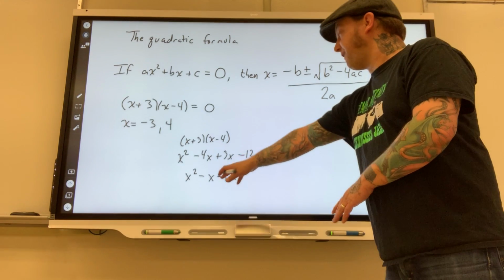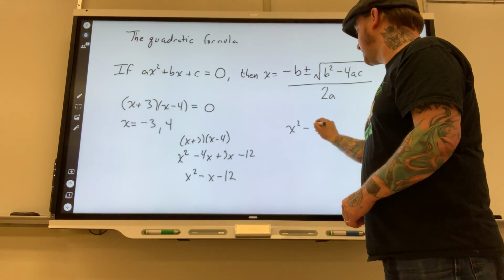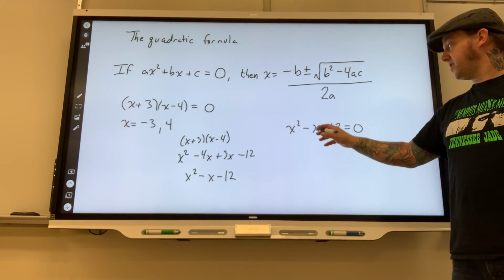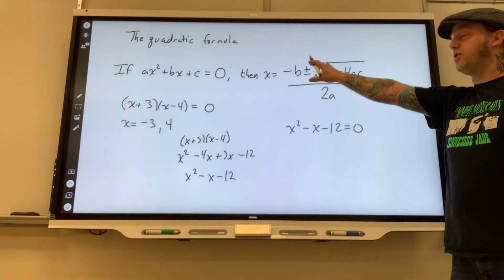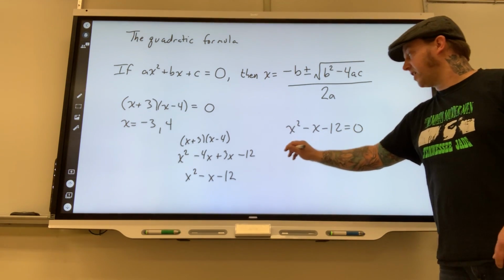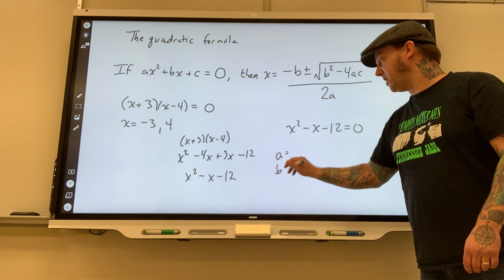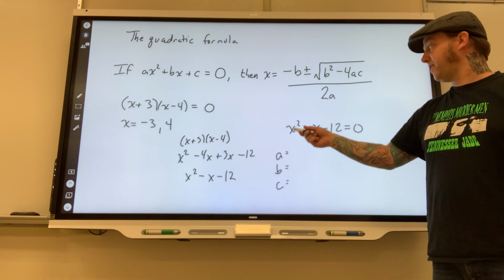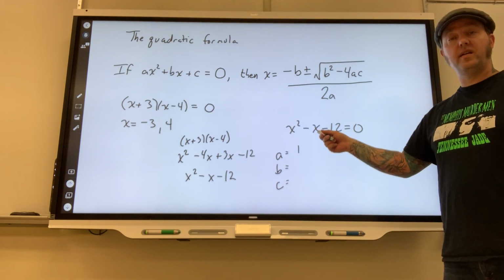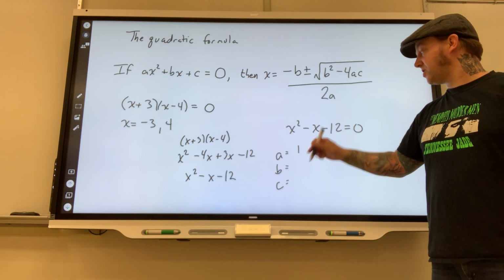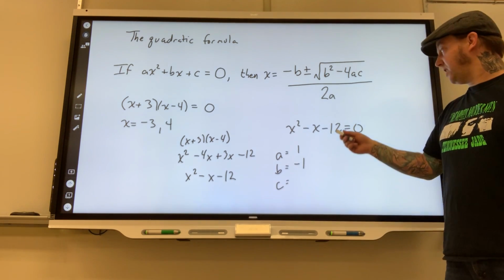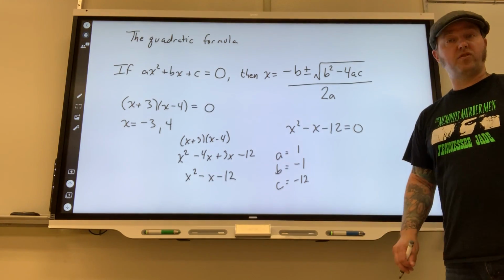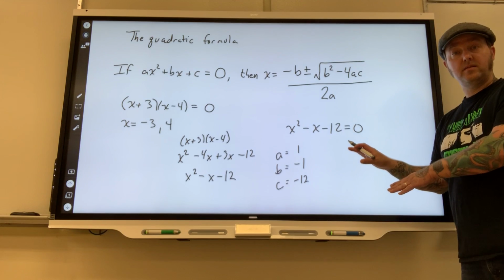So now, if I want to solve x squared minus x minus 12 equals 0 using the quadratic formula, I've got to decide what's a, what's b, what's c. Well, a is the coefficient of the x squared term, which is 1. B is the coefficient of the x term, which is -1. C is the constant, which is -12. Is everybody okay with that?